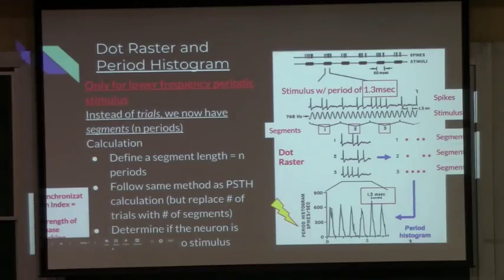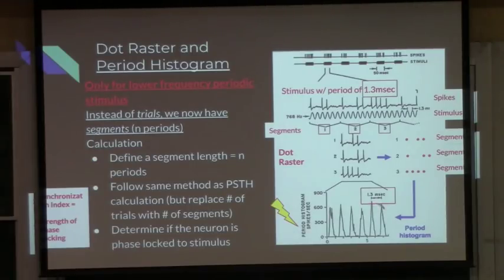And phase locking can now be determined from the period histogram, because what we see here is that the 1.3 millisecond period of the stimulus matches the 1.3 millisecond time interval between two large peaks of the firing rate of this particular neuron.